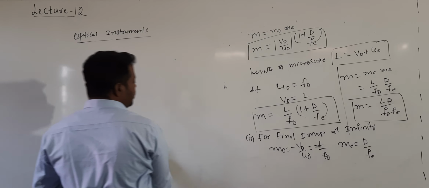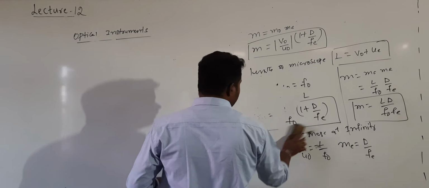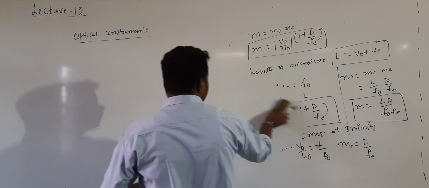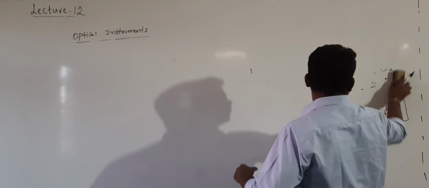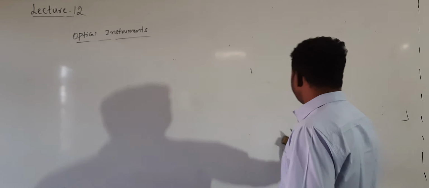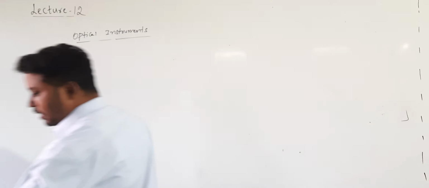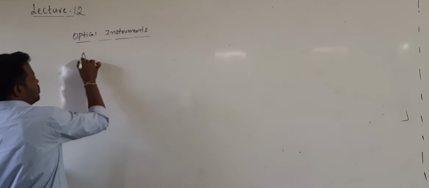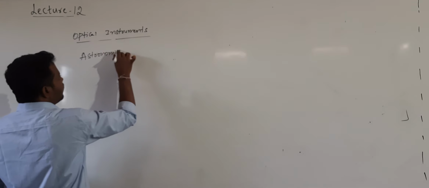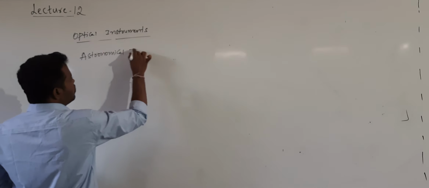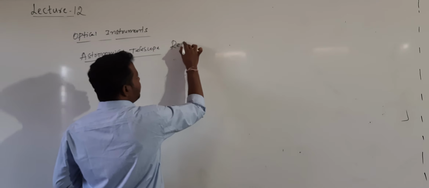In this optical instrument topic, the next case we will discuss is the astronomical telescope, of refracting type.